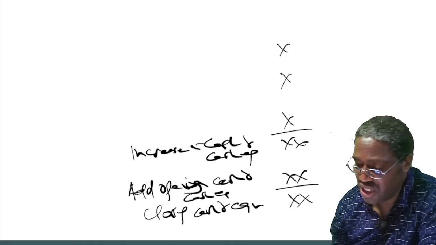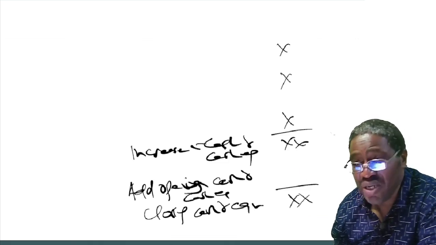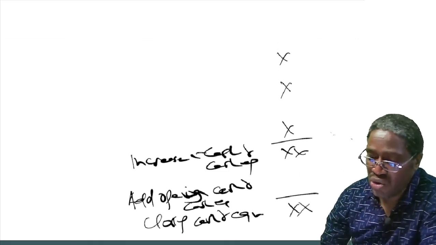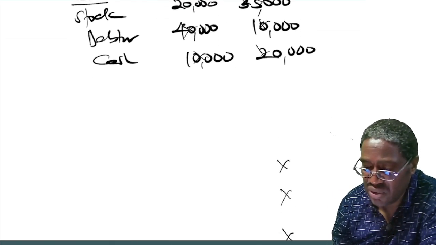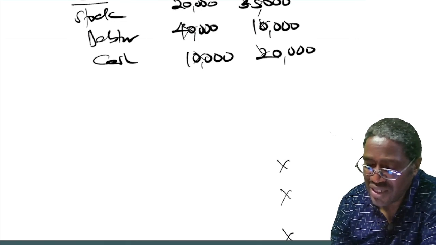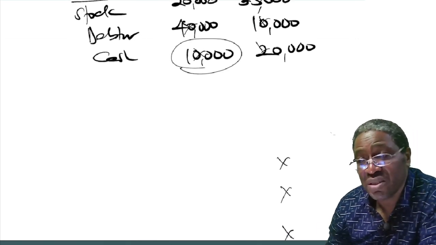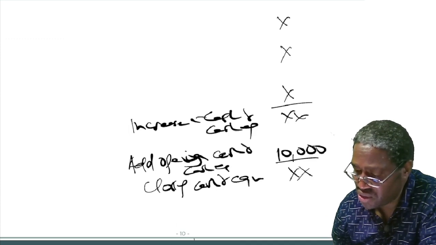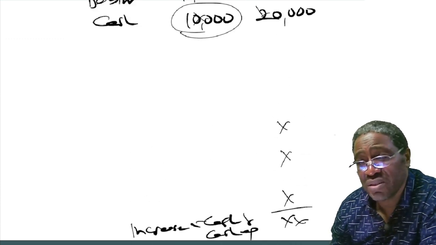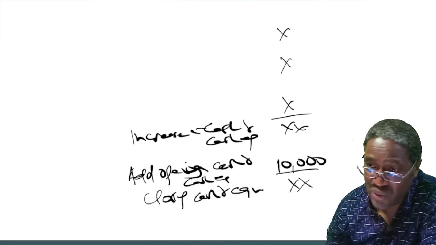Here down in the cash flow, you say opening cash and cash equivalent. Go to the balance sheet last year. What was the closing last year? 10,000. That's what I'll pick. I'll bring it here and add it as opening cash. Is it 20 or 10? 10. Good. That's where it is.